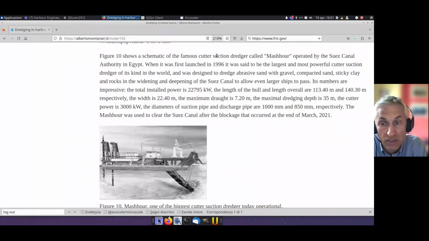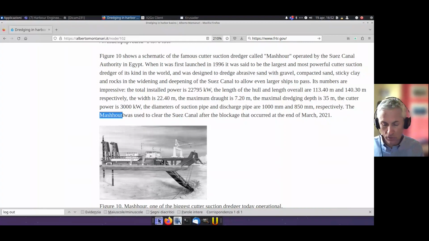The maximal dredging depth is 35 meters. The cutter power is 3,000 kilowatts. The diameters of the suction pipe and discharge pipe are 1 meter and 85 centimeters respectively. And the Mayur was used to clear the Suez Canal after the blockage that occurred at the end of 2021.